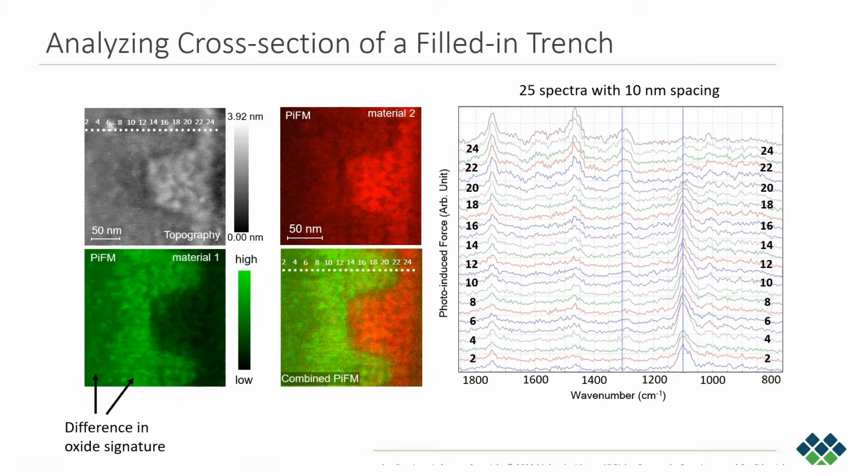You can also see material 2 in red, and you can use multiple spectra to see the transition between material 1 and material 2 to study the interface chemically very carefully.